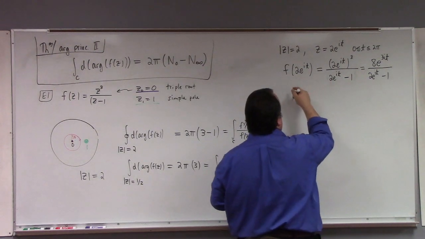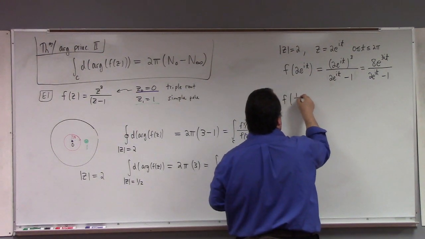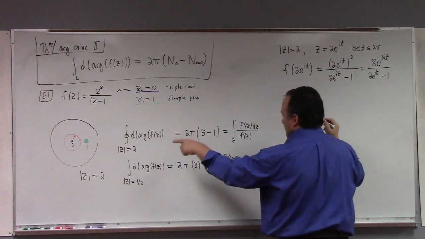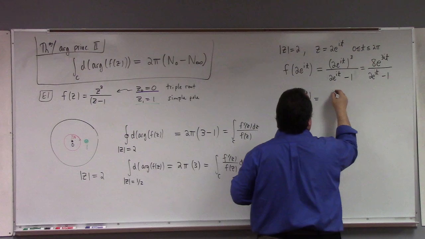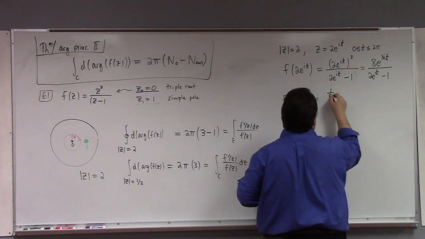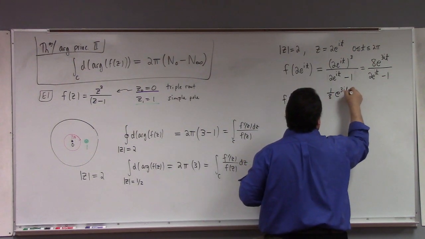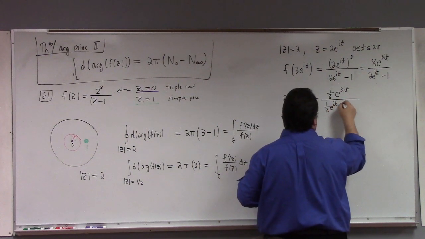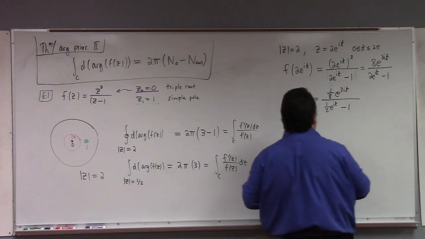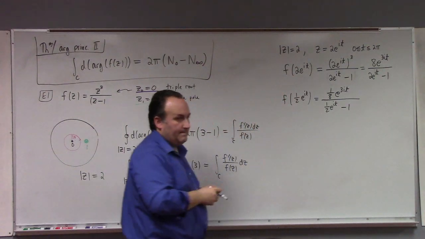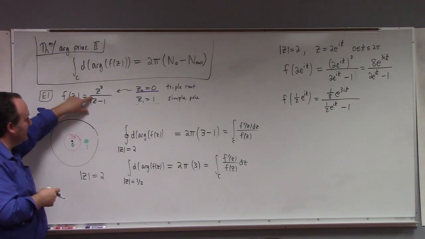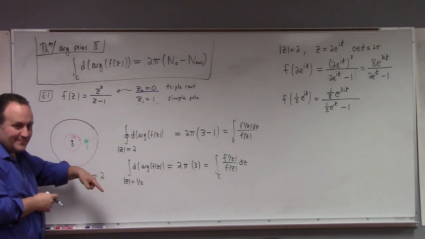On the other hand, if I look at the half, 1/2 e to the it, for the smaller circle, we would have 1/8 e to the 3it divided by 1/2 e to the it minus 1. Happy?